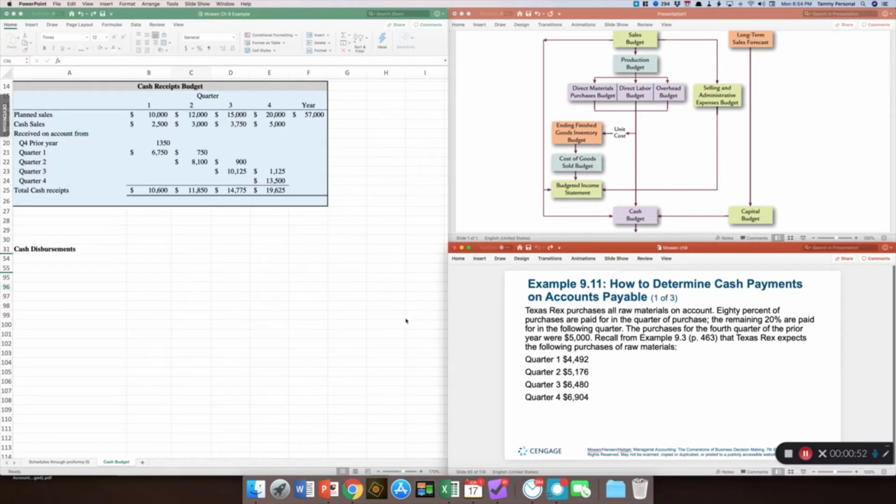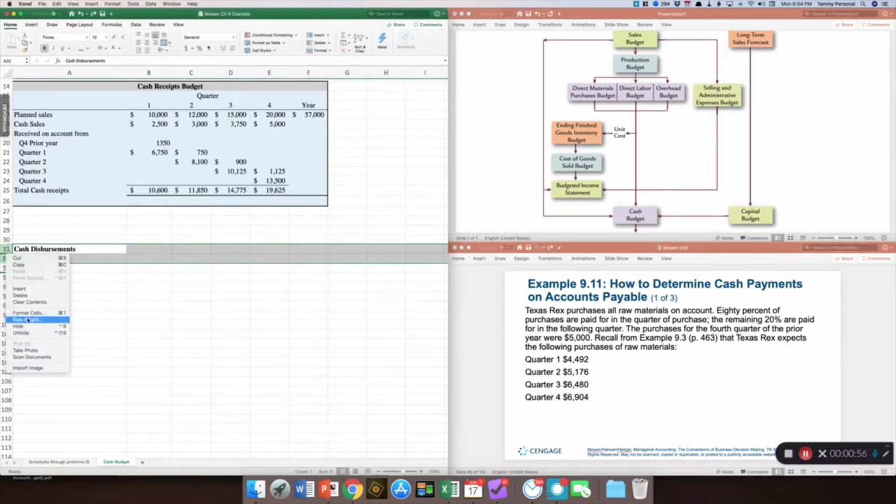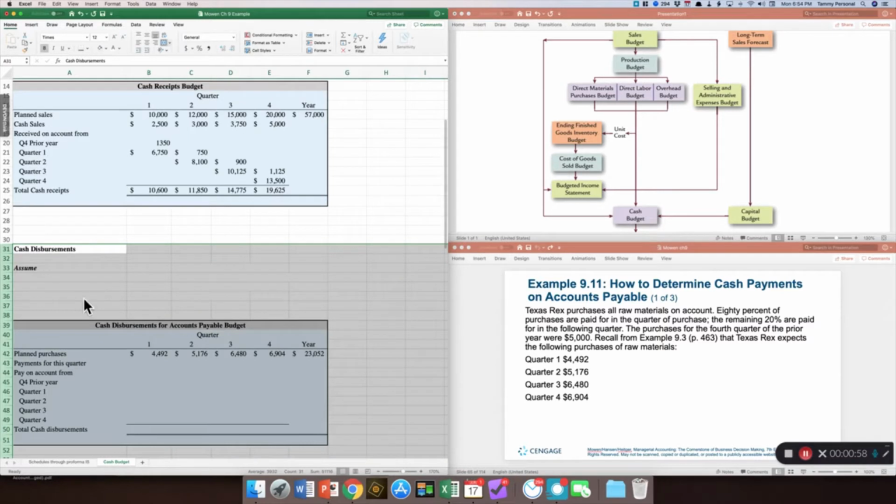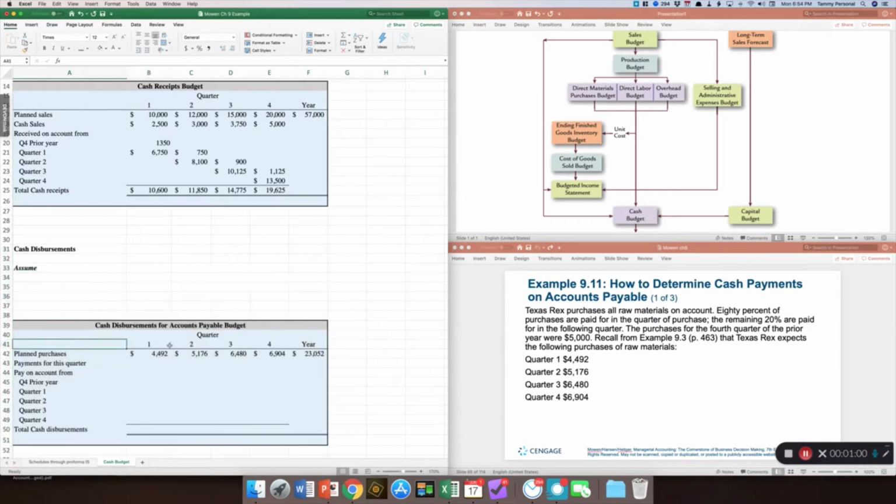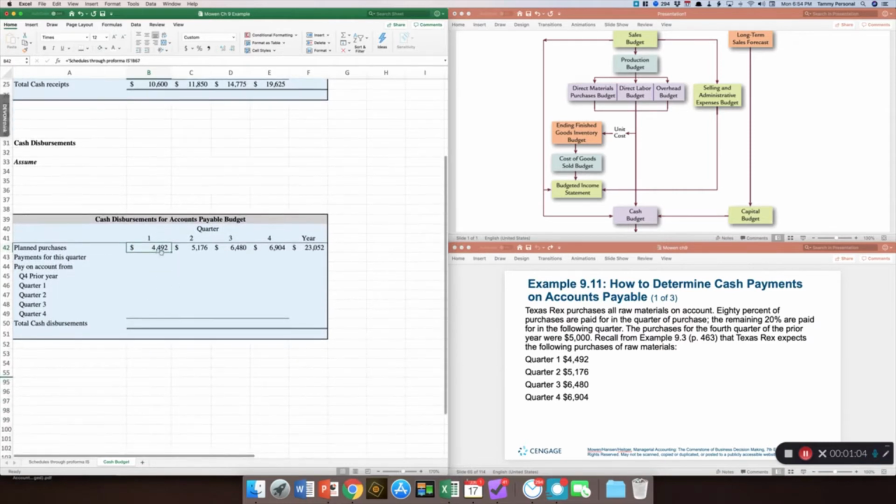So just like before, I'm going to unhide my blank schedule, my accounts payable, and here we have, I picked these up from the prior page, the purchases that we're going to plan for this coming year.